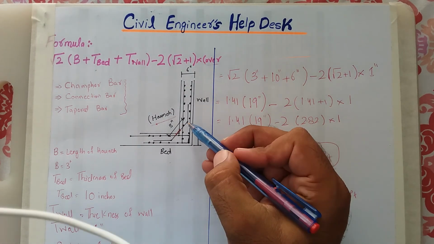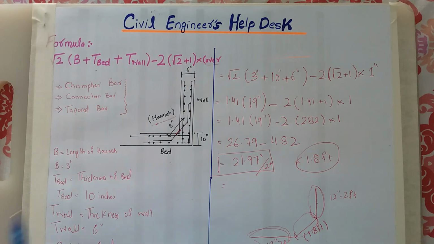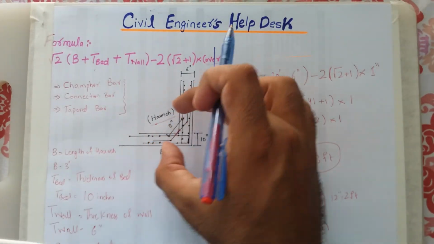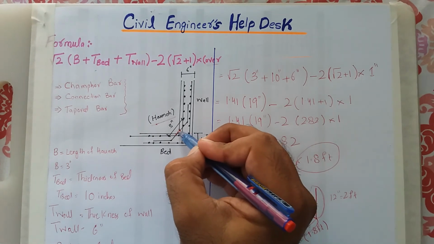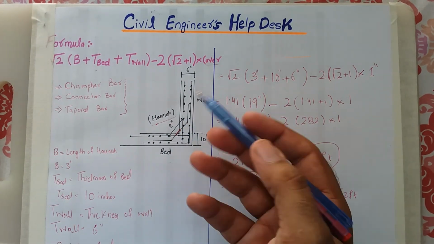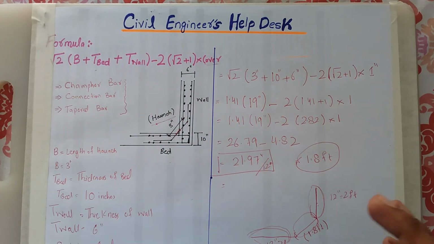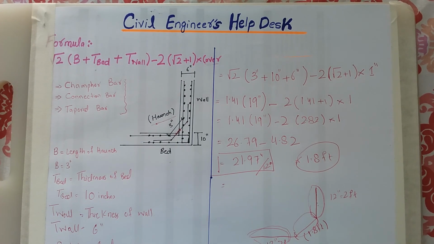Because if you give this length by approximation, when the steel fixer fixes this bar with the distribution and main bars, it will not fit properly, and this will disturb the other bars and also the formwork. So this bar length should be according to code. This is the formula by which we have calculated the length of the haunch bar.